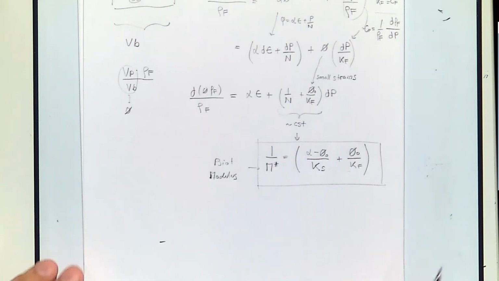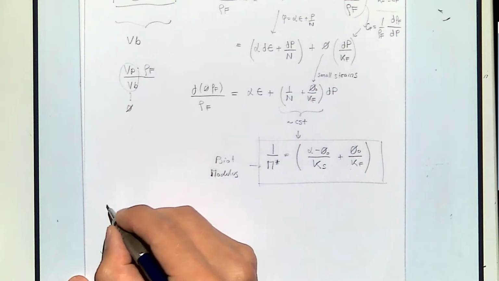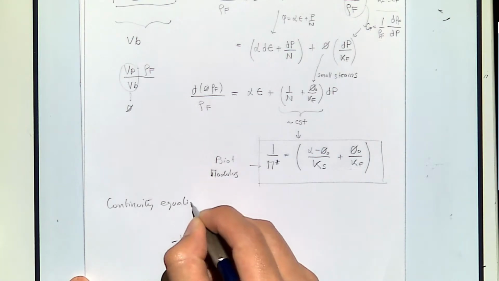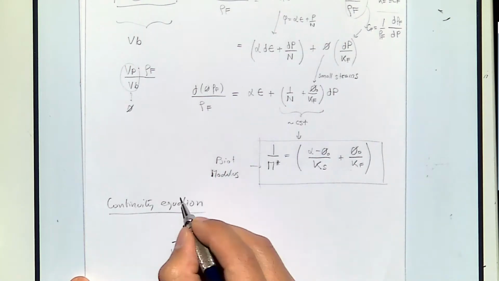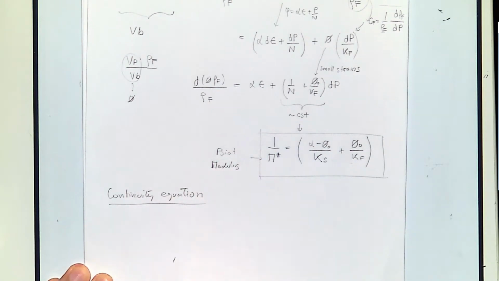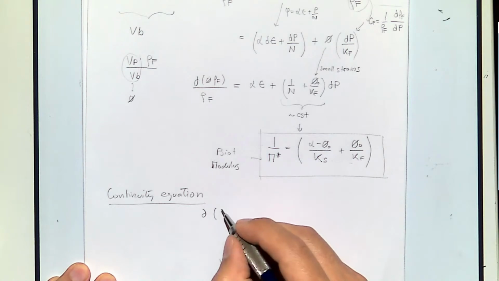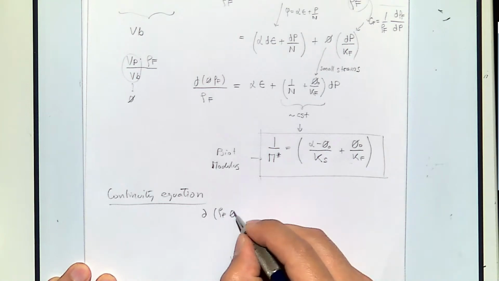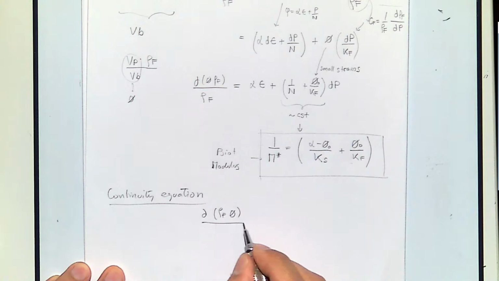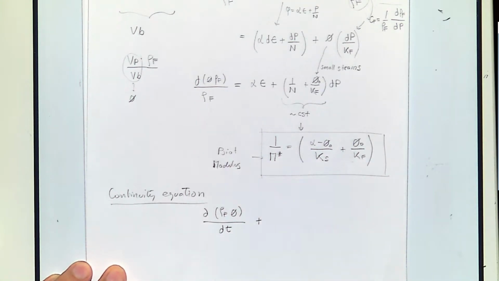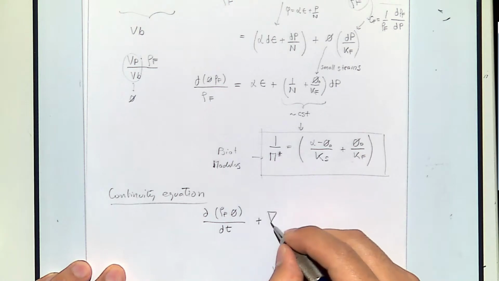So we can add to this equation the continuity equation, and this continuity equation tells me that the variation of mass in a porous solid as a function of time might be different than 0, but we are considering that there is flow, and part of the flow comes here.